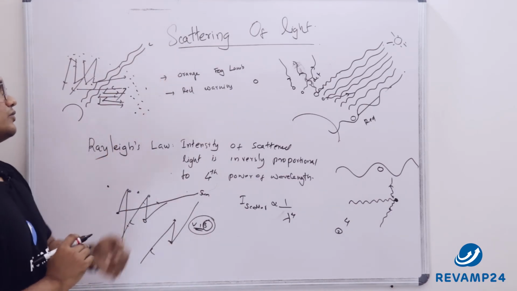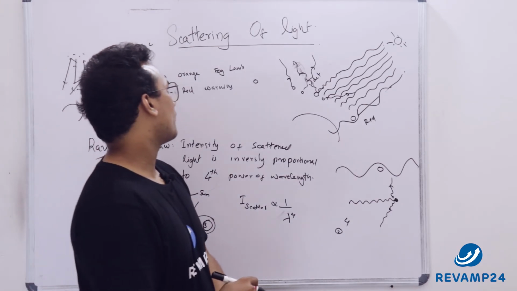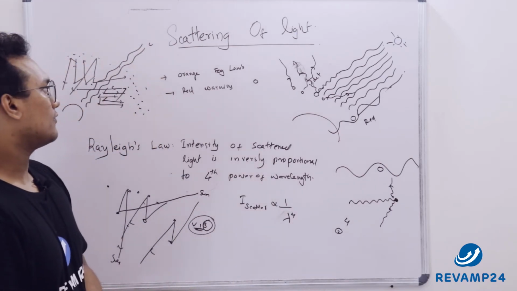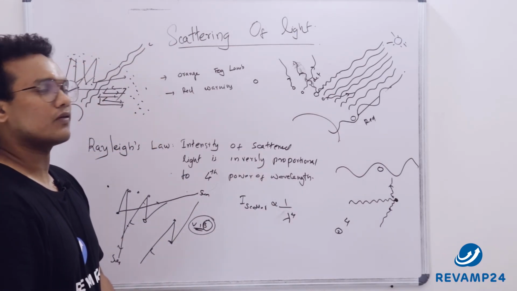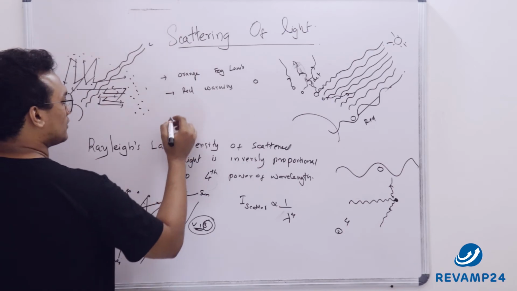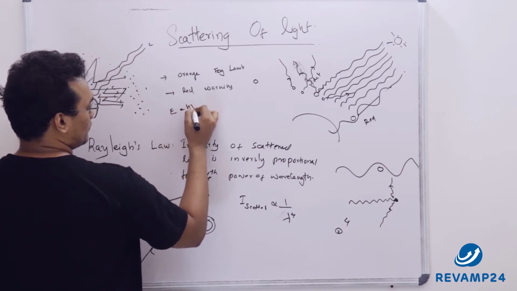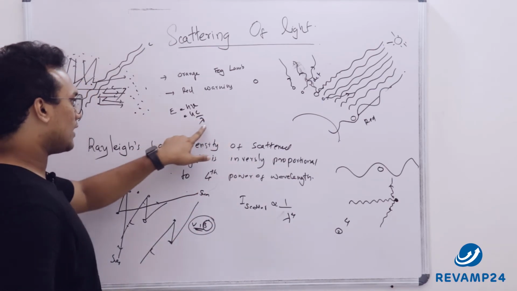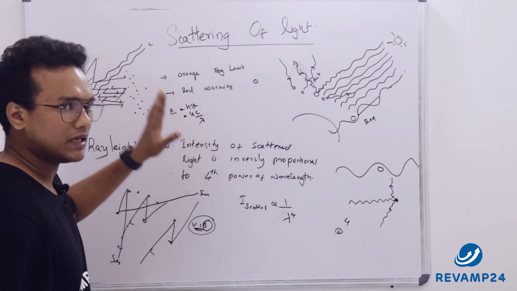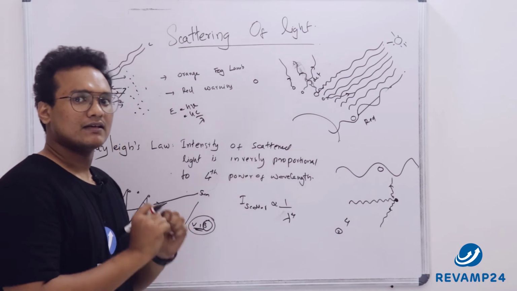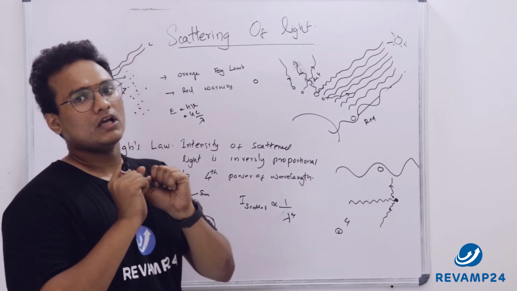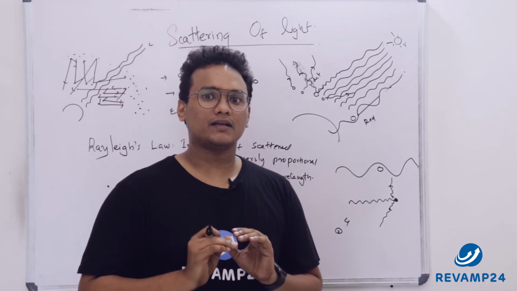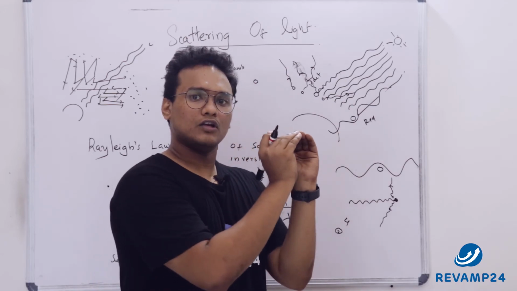And why do we use orange color in a fog lamp? Why can't we use red color in a fog lamp? We know that energy is equal to h nu or hc by lambda. If the wavelength is higher, energy would be less. So red color has lower energy but lower scattering.